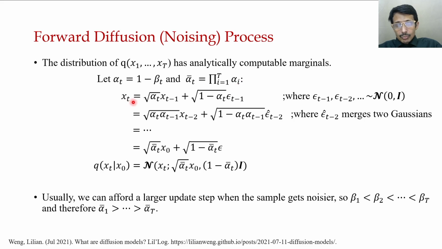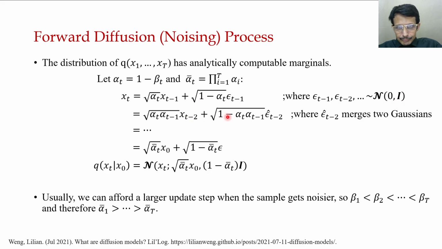What we are basically trying to do is find the relation between x t and x t minus 1: x t equals root over alpha t times x t minus 1, plus root over 1 minus alpha t times epsilon t minus 1, where these epsilons are Gaussian noise.